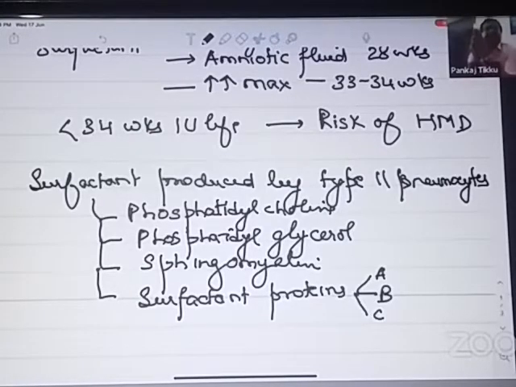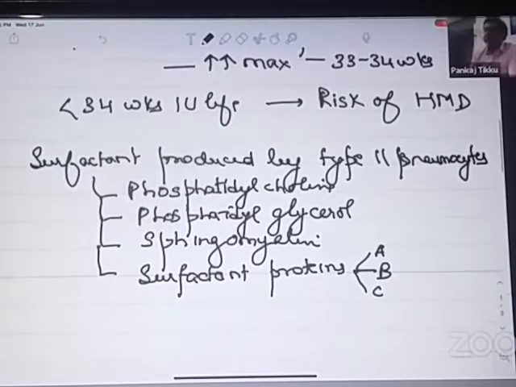So surfactant basically is produced by the type 2 pneumocytes which are lining the alveoli, and this surfactant is a type of phospholipid made up of phosphatidylcholine, phosphatidylglycerol, sphingomyelin, and the surfactant proteins, subtype A, subtype B, and subtype C. What is the basic function of a surfactant?